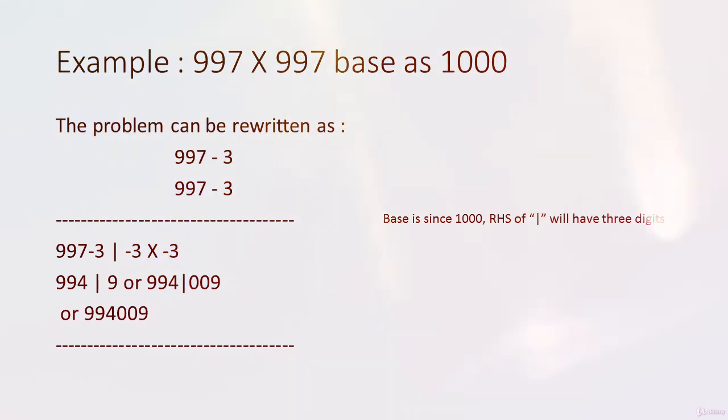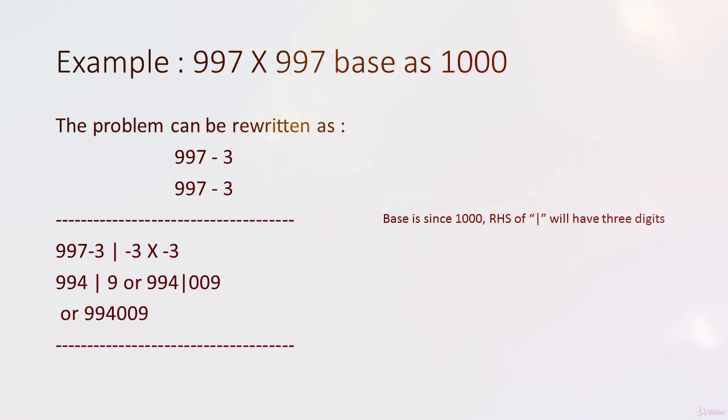We also notice that 997 multiplied by 997 is nothing but the square of 997. We have a separate section for calculating squares. However, we will also calculate the square of 997 with this method. So this is 3 short of the base. We will write 997 minus 3, 997 minus 3.